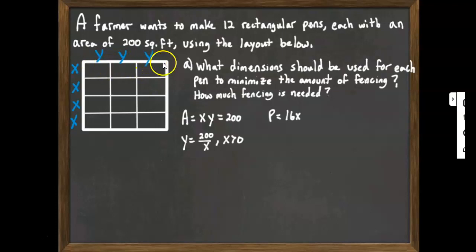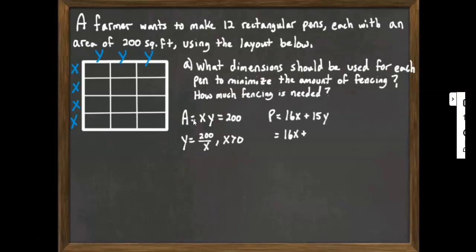For the y variables, we have 3, and then another row of 3, 3, 3, and 3. Y shows up 15 times. And so we have our relationship that contains the quantity we want to optimize: P equals 16x plus 15y. As we continue, we can start simplifying. We know that y is equal to 200 over x, so I can put that in there.